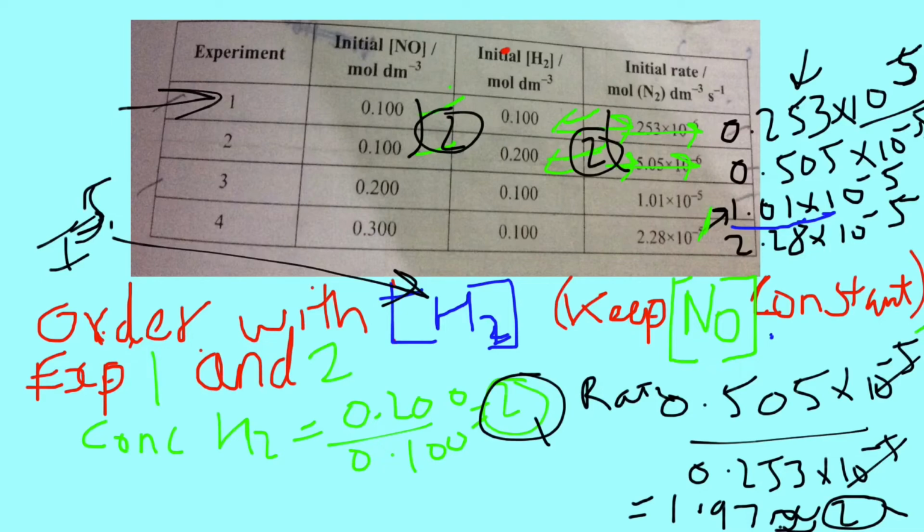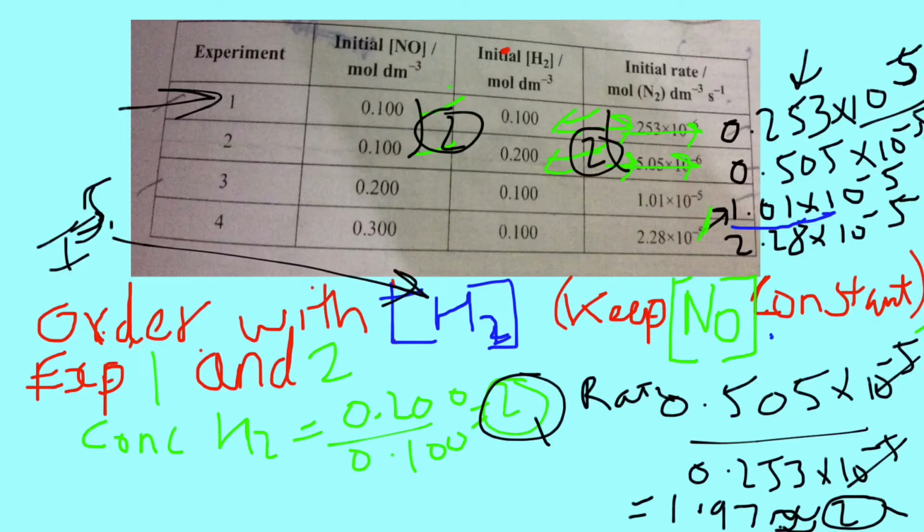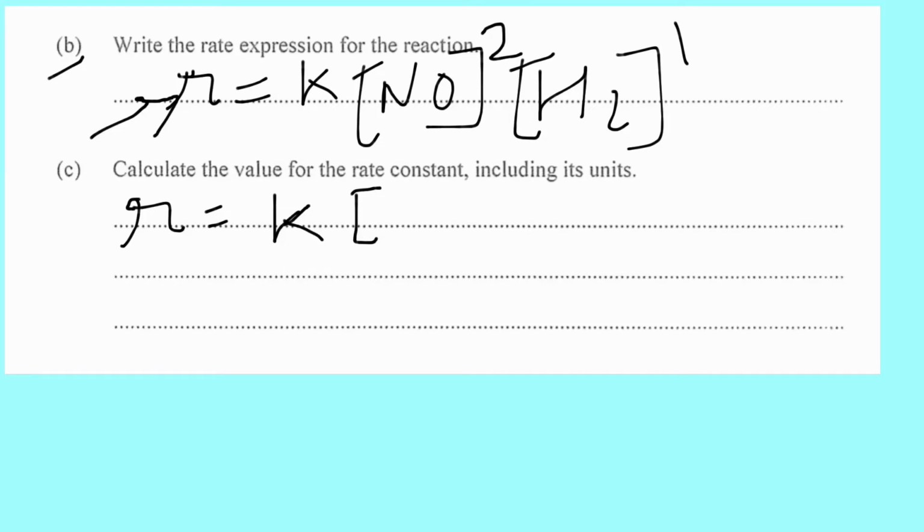So here, R equals K, we want to find K, times NO. NO here in experiment number 1 is 0.1, the whole square. Then for H2 it is 0.1 only.